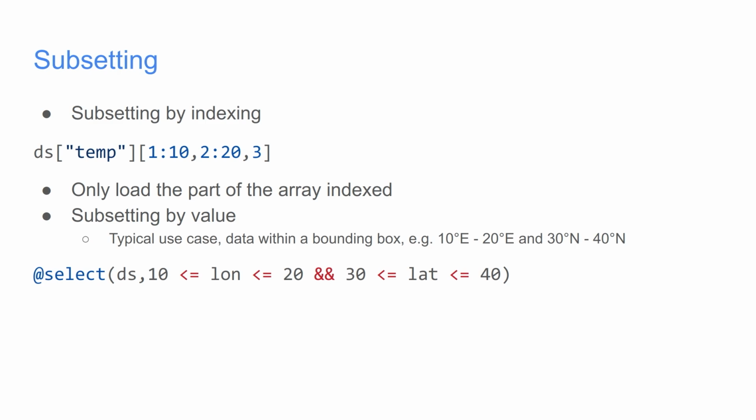So that's also now supported in NCDatasets. Actually, it's implemented in CommonDataModel that you can select a dataset or a variable using the coordinate values. So here it means that in this example you load all the data between 10 and 20 in the longitude dimension and 13, 14 in the latitude dimension.